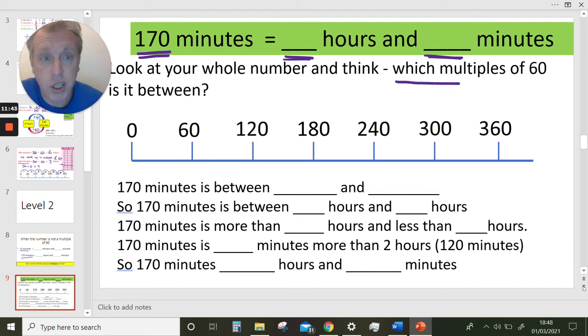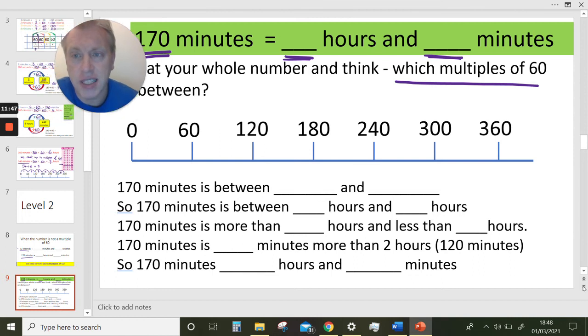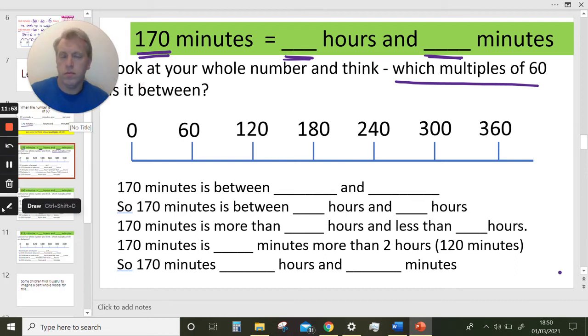This is the key question, which multiples of 60 is it between? Hmm. 170 minutes. Which multiples of 60 is it between?